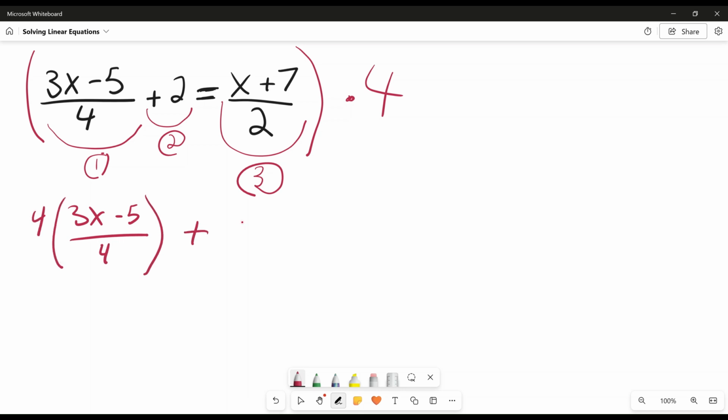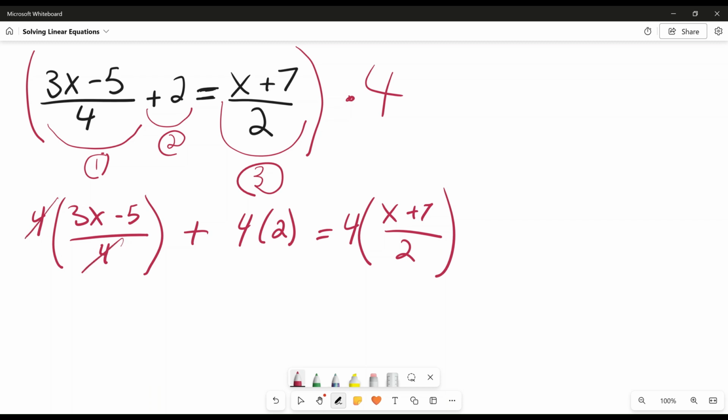It will be 2 times 4, and then x plus 7 over 2 times 4. Everything is going to be multiplied by 4. So if you look at that first term, 4 divided by 4, they cancel each other out. You get 1, so you're left with 3x minus 5.